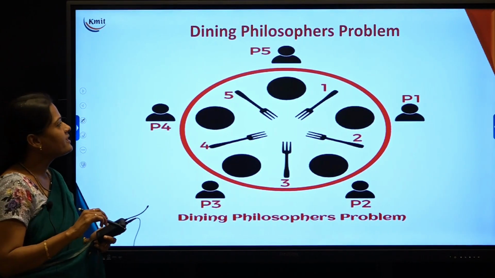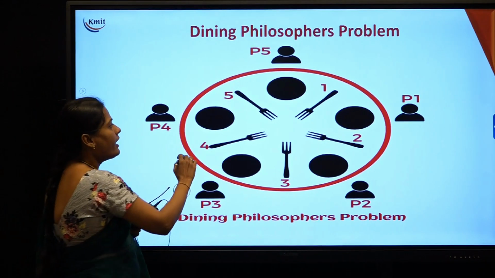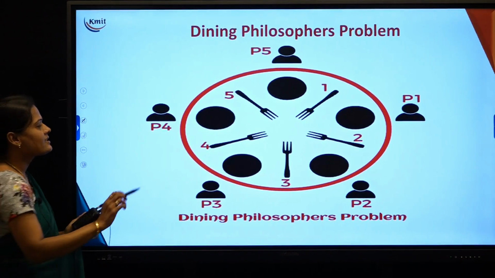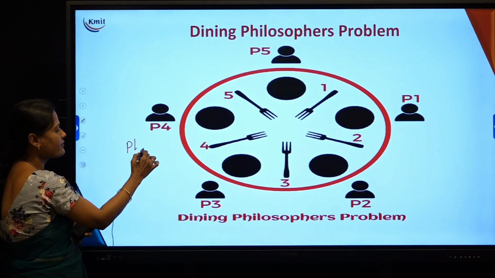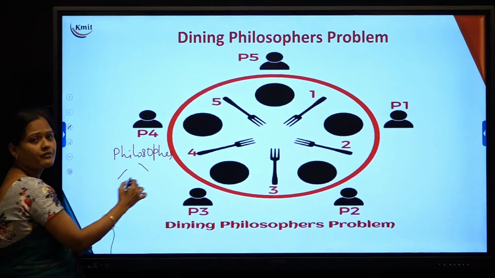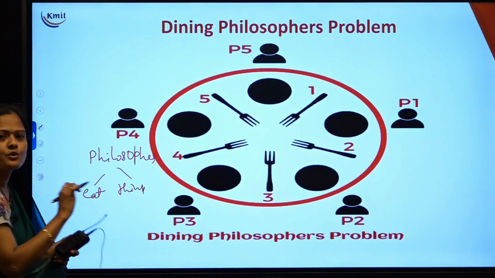Now we go on to the third problem, which is your dining philosophers problem. As it implies, you have philosophers, and the activities done by the philosophers are that they have to eat and they have to think. Those are the two jobs.